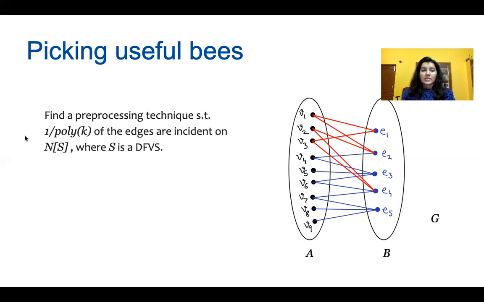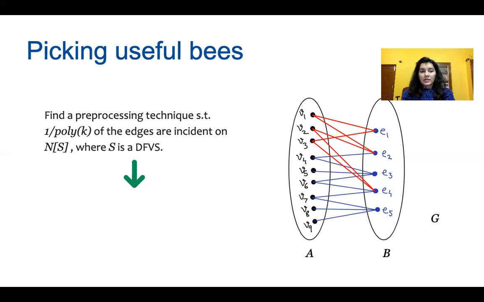So what we can do is find some sort of pre-processing technique such that at least 1 over poly k of the edges are incident on the closed neighborhood of S, where S is a dominating feedback vertex set, that is, the solution that we are seeking.